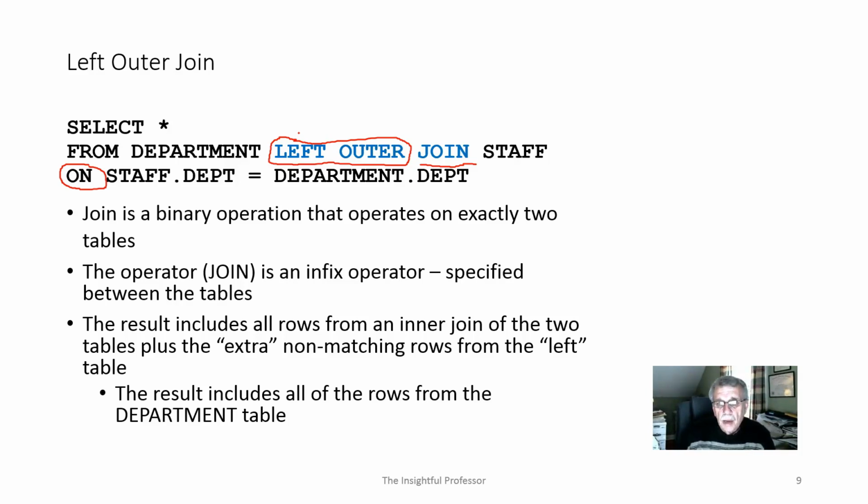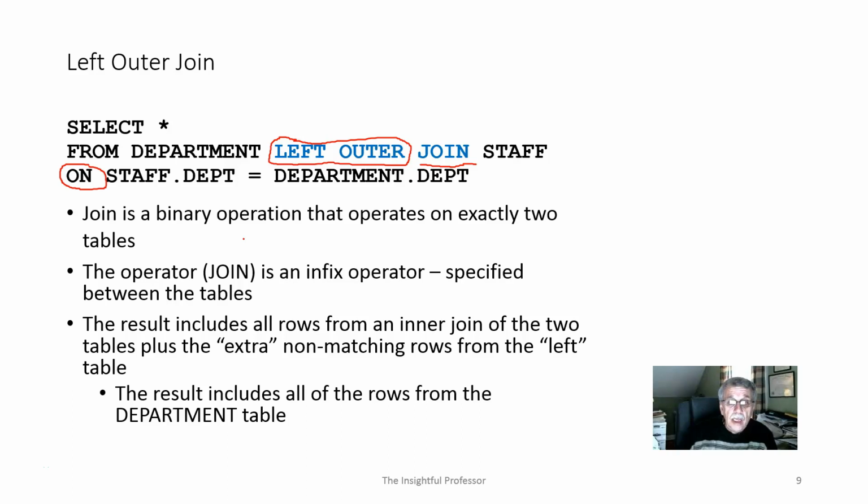The arithmetic operator, whether it be addition, subtraction, multiplication, whatever, is said to be placed between the two operands. It's an infix operator. So you're saying number, arithmetic operation, number. So the two operands are on either side of the arithmetic operator. Well, that's exactly how the join works. The join is also a binary operation. You're saying department, join, staff.